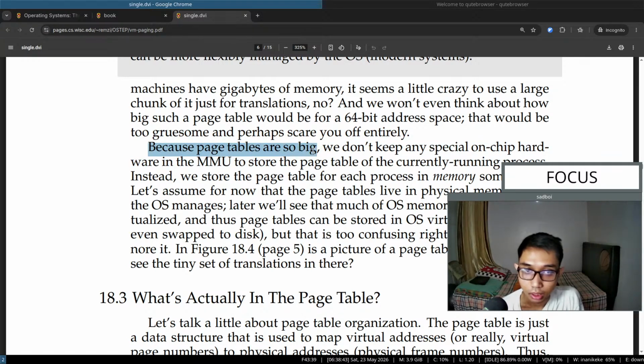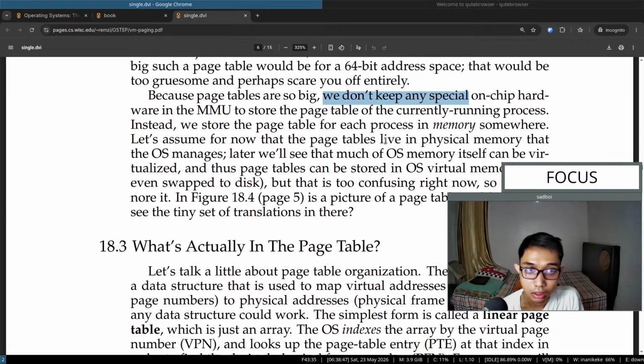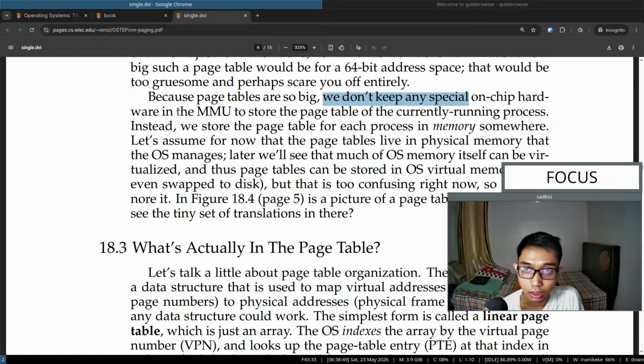Because page tables are so big, we don't keep any special on-chip hardware in the MMU, the Memory Management Unit, to store the page table of the currently running process.